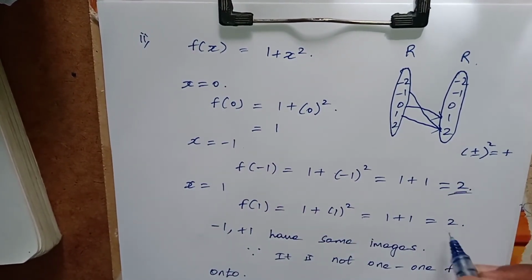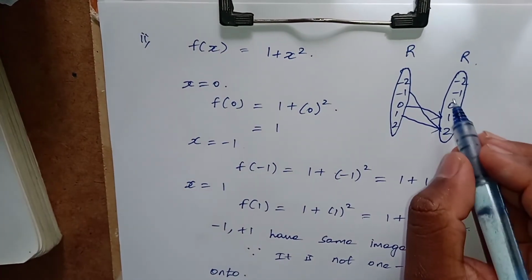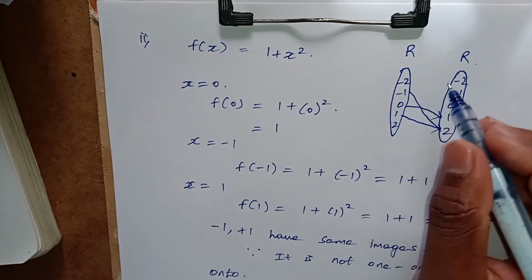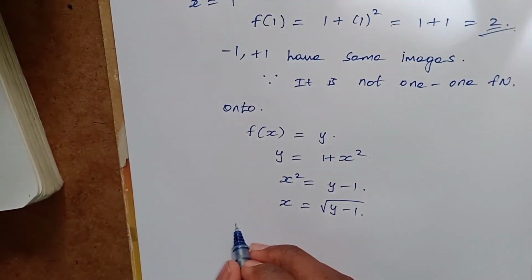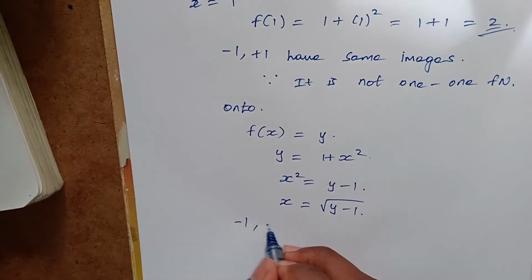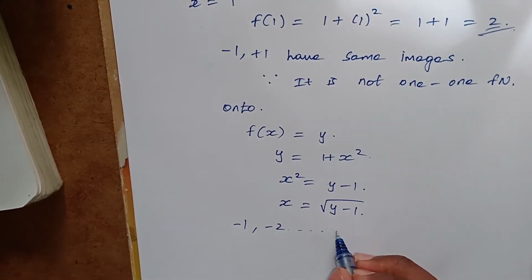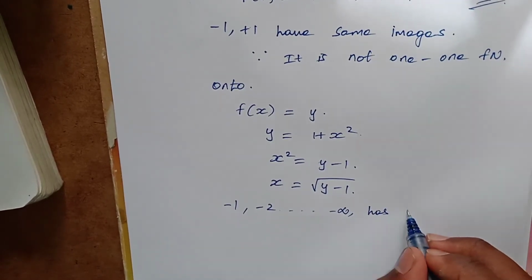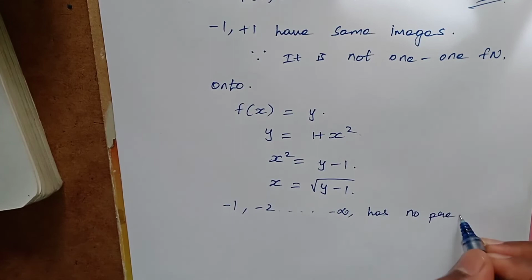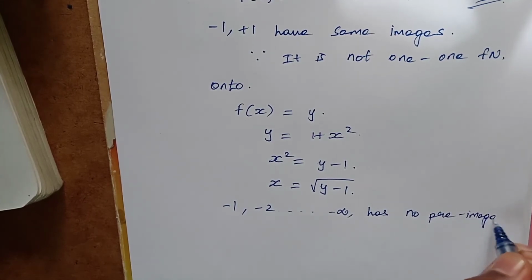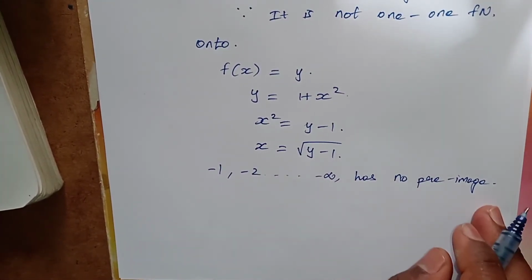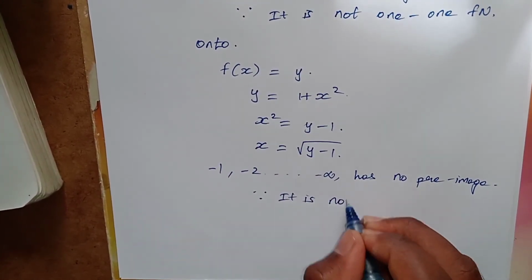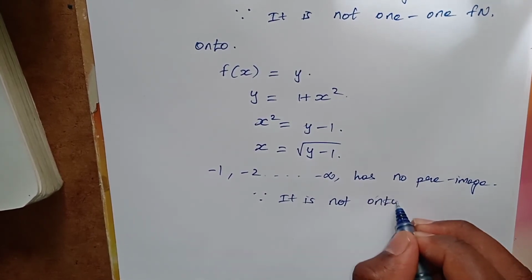Therefore, minus 1, minus 2, up to minus infinity have no pre-image. Has no pre-image means here it is not an onto function.